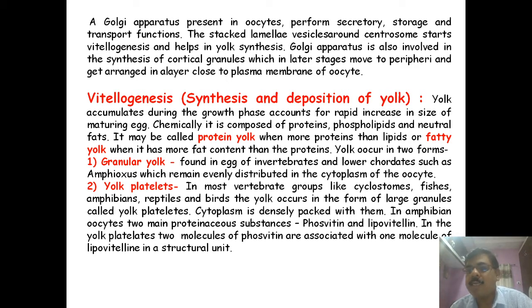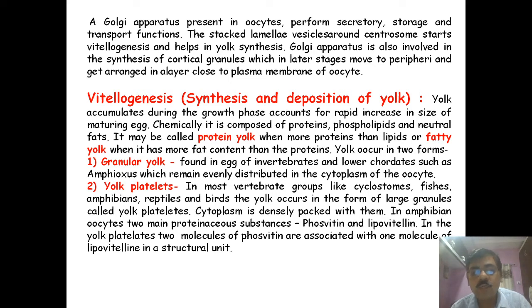The Golgi apparatus is also involved in the synthesis of cortical granules, which in later stages move to the periphery and get arranged as a layer close to the plasma membrane of the oocyte, which forms the cortical membrane or the fertilization membrane just after the fertilization. Then the next process comes, that is vitellogenesis or synthesis and deposition of yolk during the development of the egg.